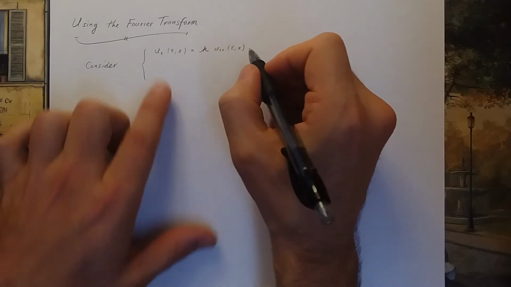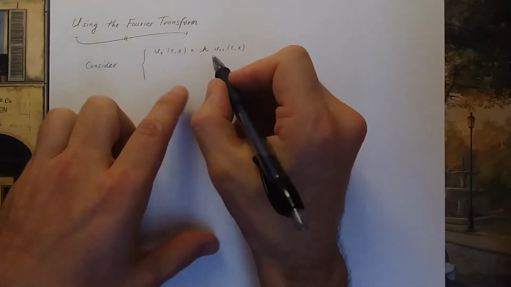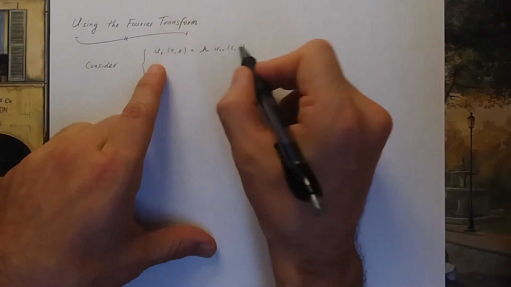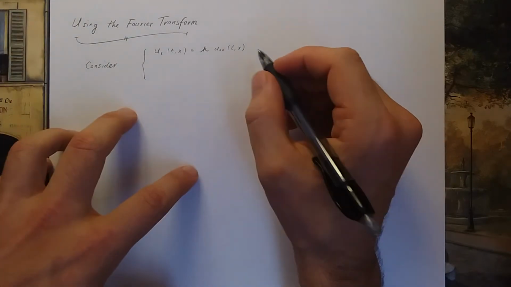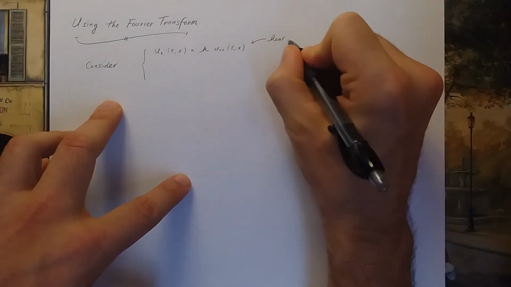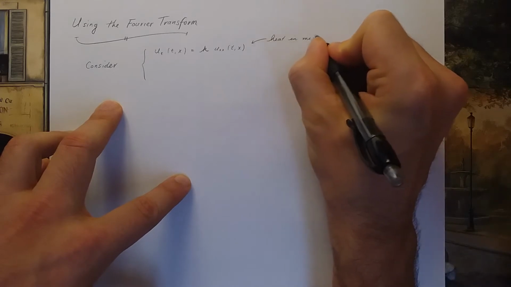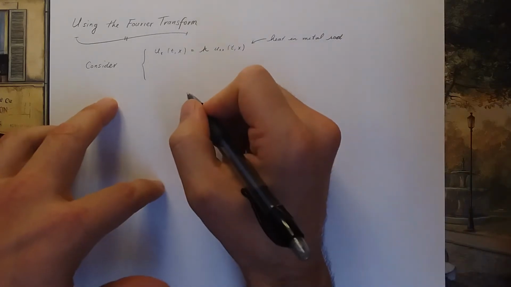This is the heat equation, and I'm not going to specify that there's any endpoints. So you can imagine this modeling the heat diffusion in a metal rod that's very long, infinitely long, let's say.